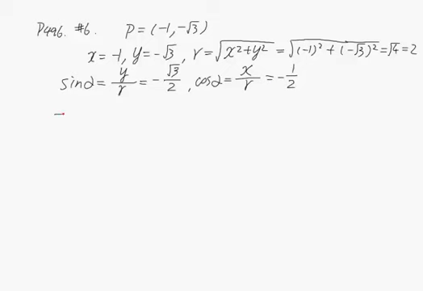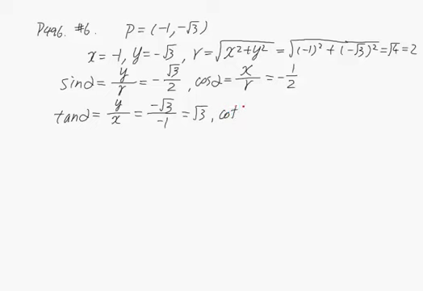And then tangent alpha is equal to y over x. So y is equal to negative root of 3, and x is equal to negative 1, so it is equal to root of 3.